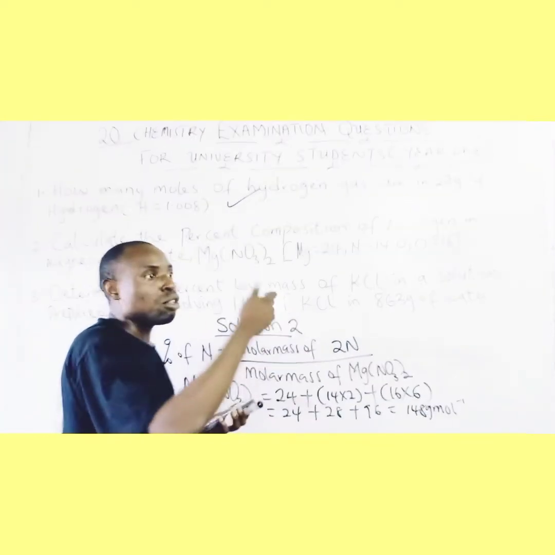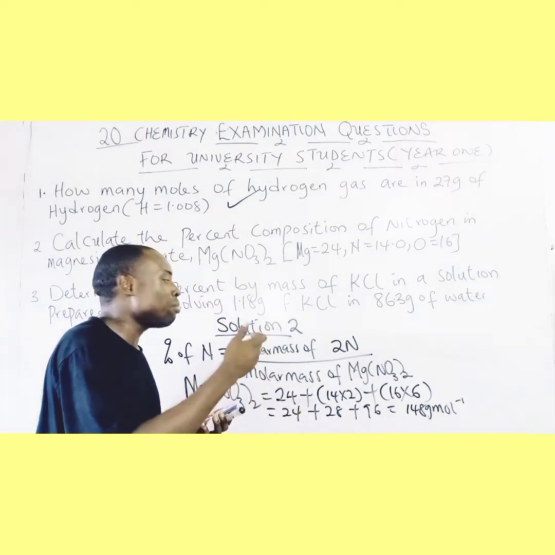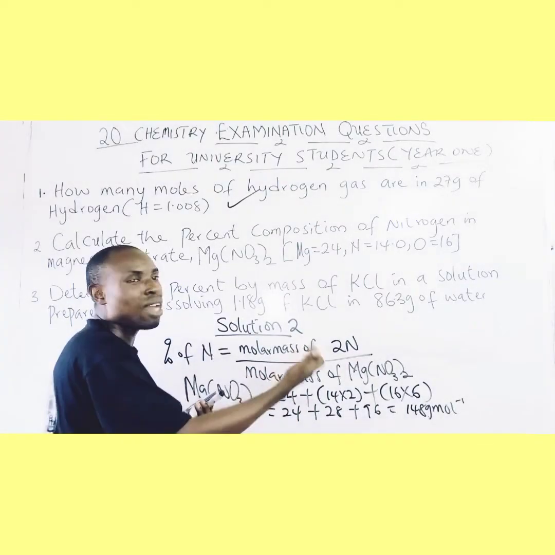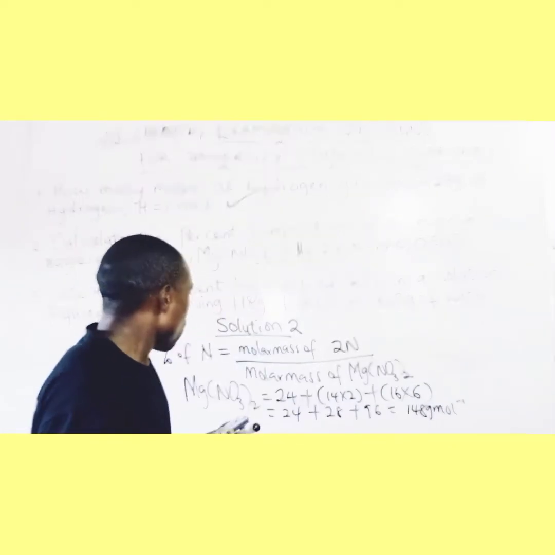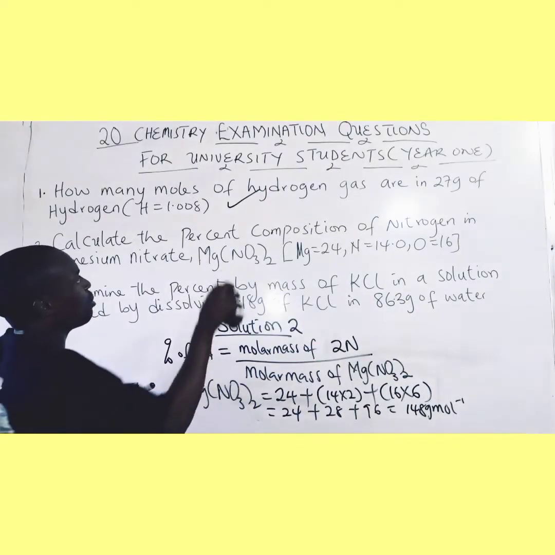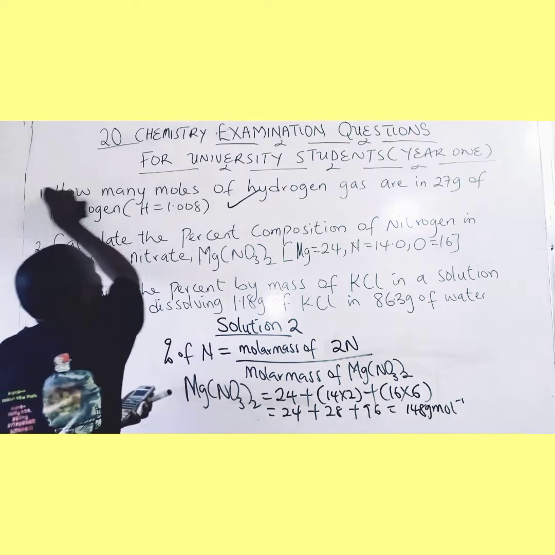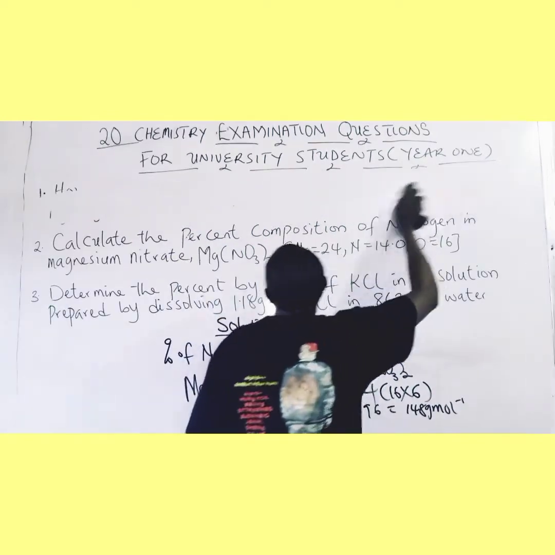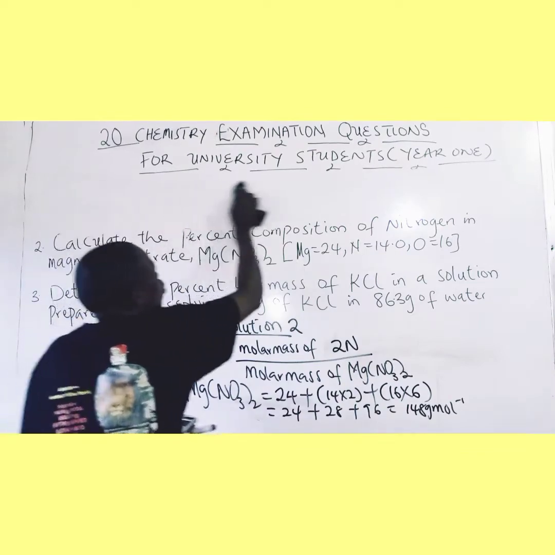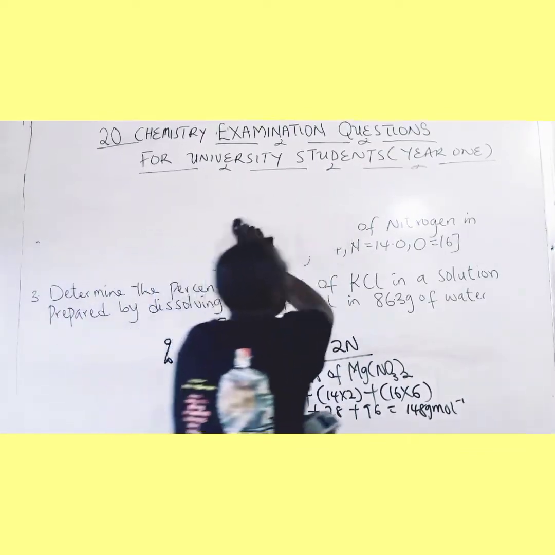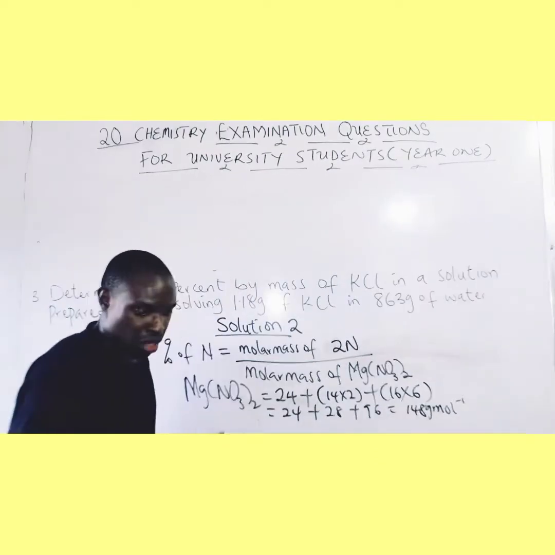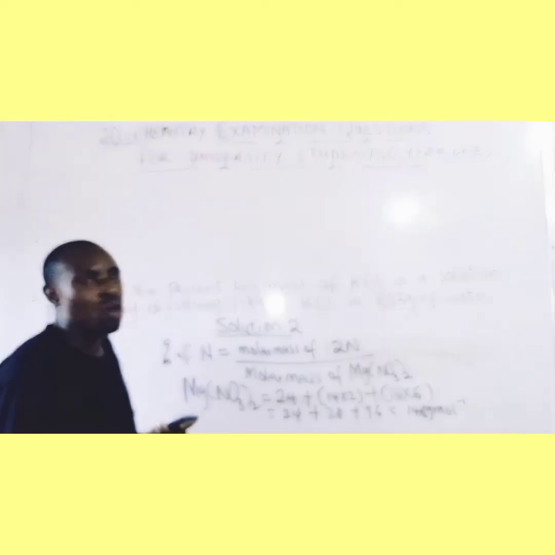The percentage of an element is equal to the mass of the element being looked for over the molar mass of the compound. Now, permit me to rub off number 1 so I can have enough space to address question 2 properly.